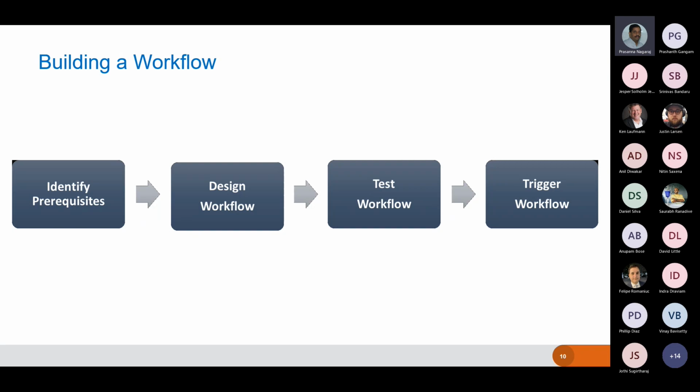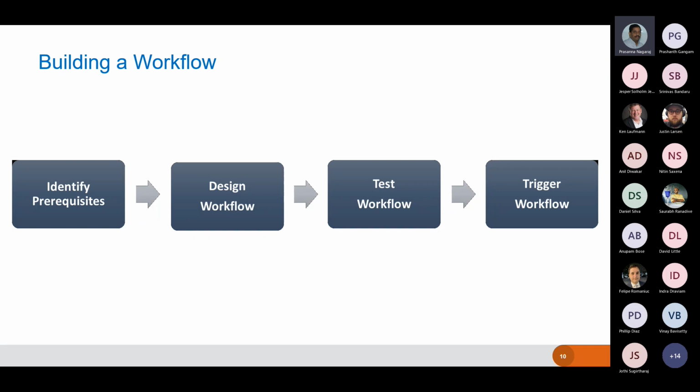So we would have to get the list of all the steps needed to create a workflow, jotted down somewhere or as a list of items which are required to build the workflow. And then you design the workflow.